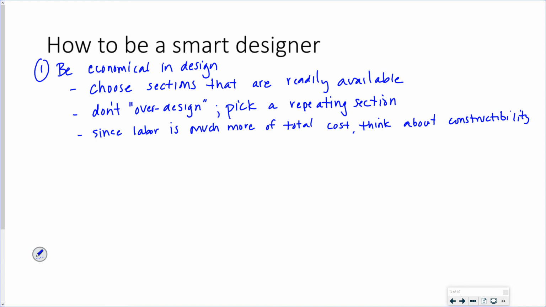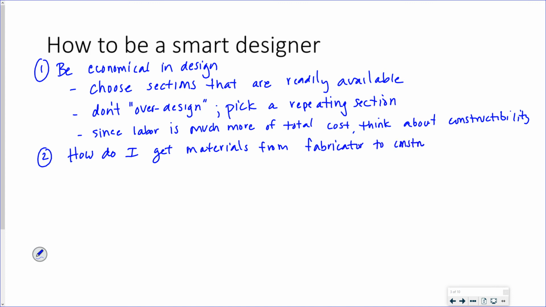Another thing to think about, especially in terms of economy, is how do I get my materials from my fabricator to the construction site. That's why we sometimes have to break up tall columns, long beams, right?